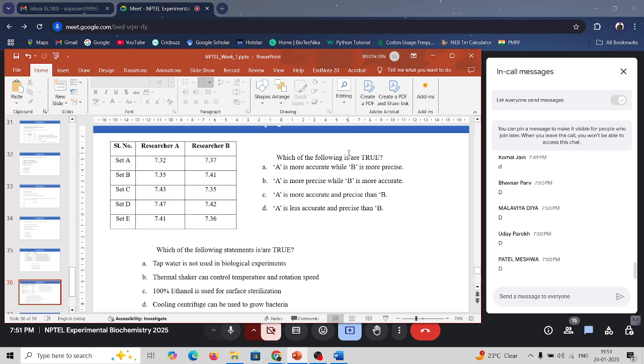To check which one is more precise, you have to calculate the standard deviation, and to check which is more accurate, you have to calculate the mean.